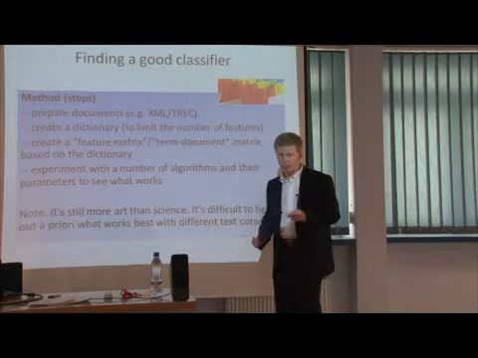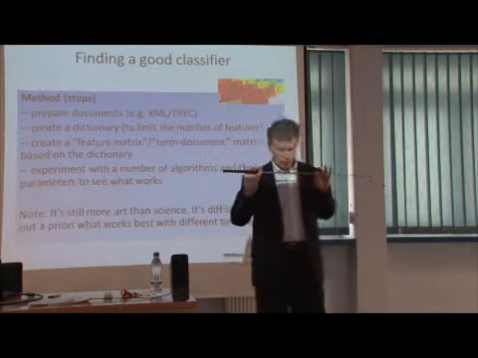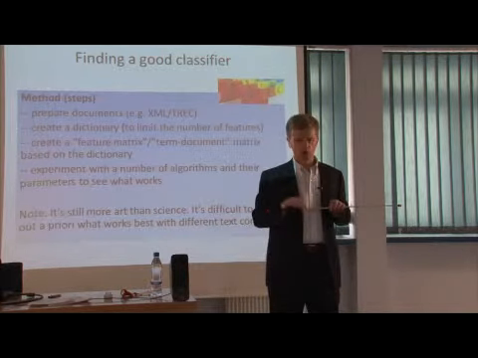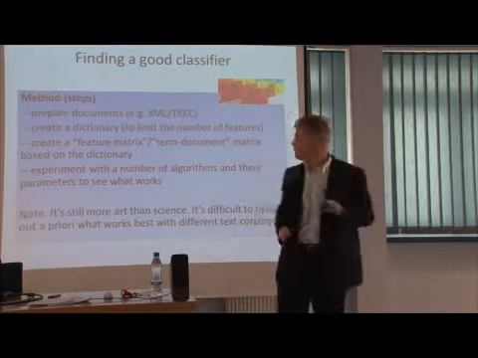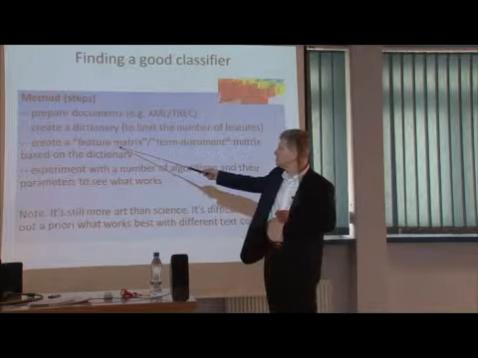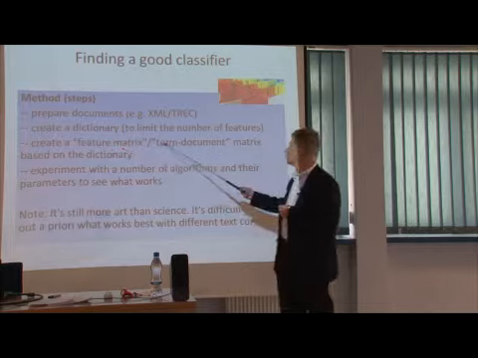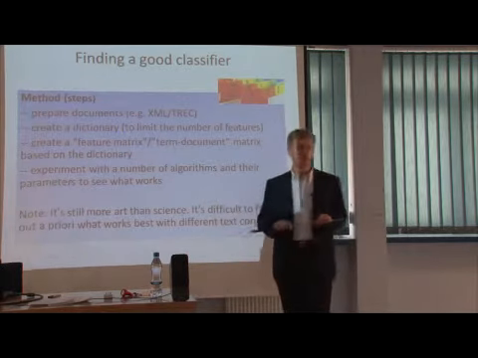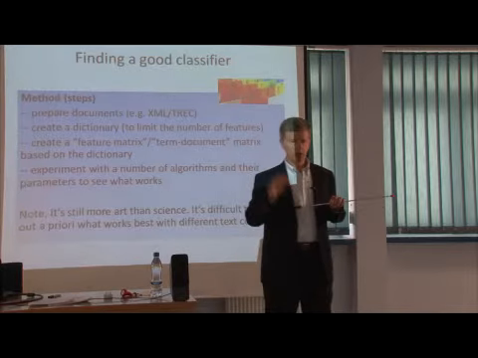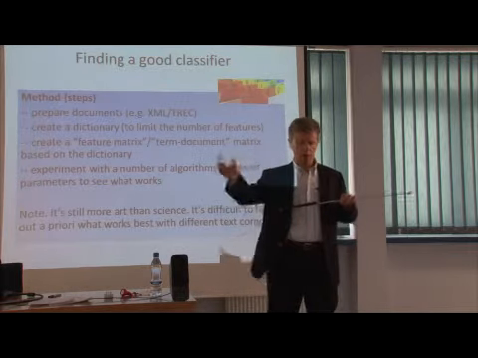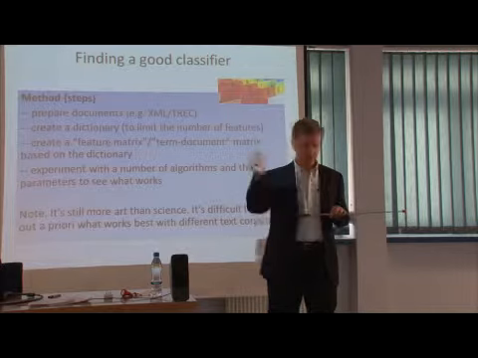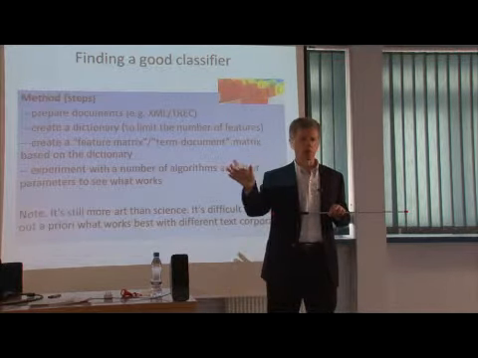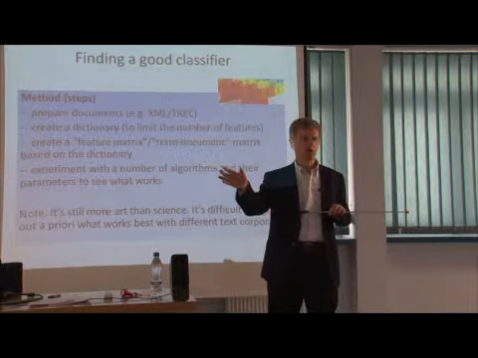Since machines operate on numbers, you want to represent your documents by numbers. Therefore, we create something which is called a feature matrix or term document matrix based on the dictionary. What it means is that we take the dictionary, we take the document, and we see which words in the dictionary appear in the document.